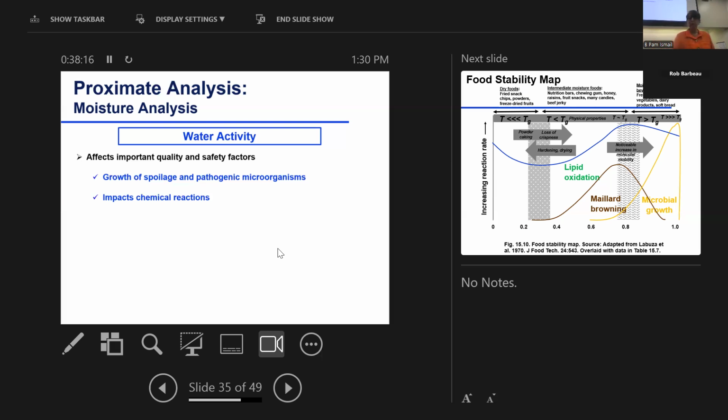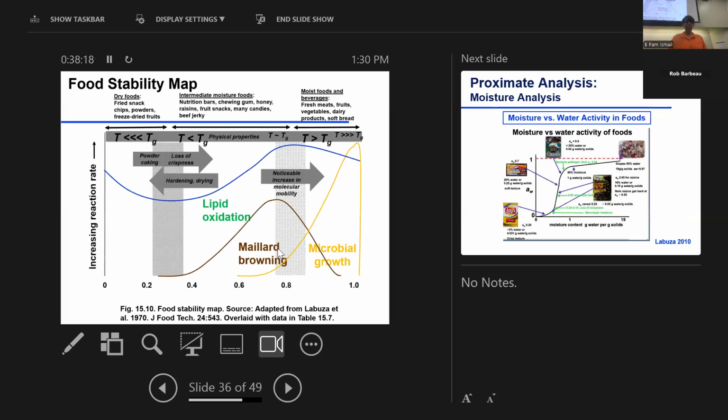Okay. So this is a very effective diagram for you to study and understand the impact of water activity on different chemical reactions and also microbial growth. This is a figure by Ted LaRusa, our famous Ted LaRusa. We call him the godfather of water activity.